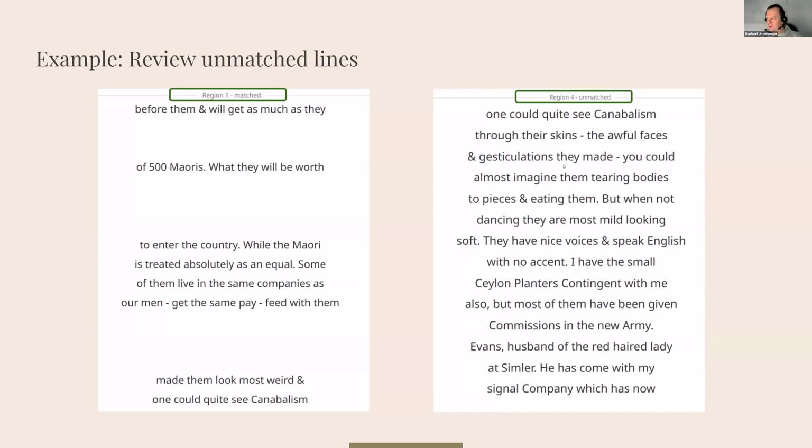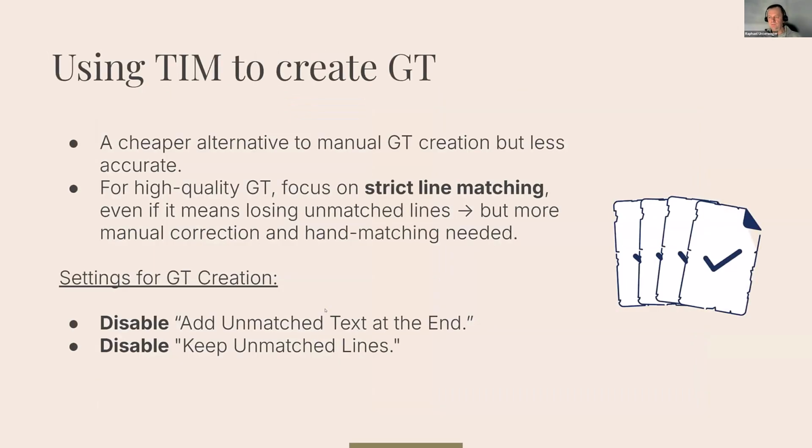Not important yet now, but the unmatched region shows you the entire text that was not matched, and you can just copy it and paste it into the empty lines where it fits by yourself if you want to get a complete high quality transcription in Transkribus.